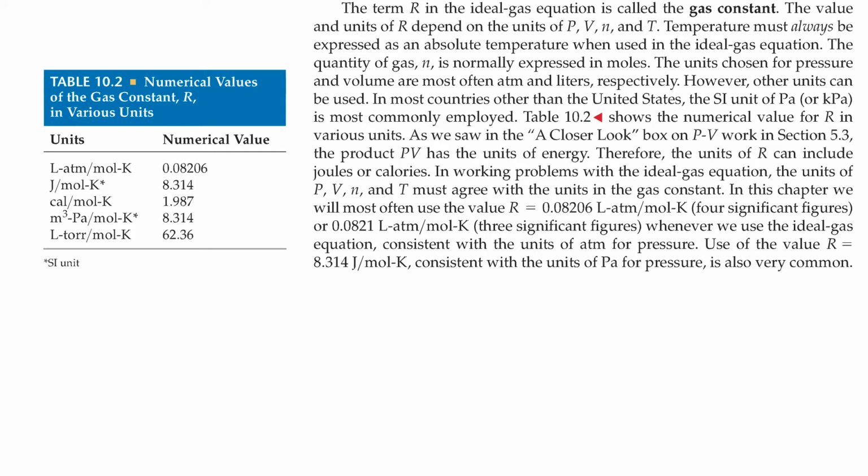In this chapter, we will most often use the value of R equals 0.08206 liter-atmospheres per mole-Kelvin, four significant figures, or 0.0821 liter-atmospheres per mole-Kelvin, three significant figures, whenever we use the ideal gas equation, consistent with the units of atmosphere for the pressure. Use of R equals 8.314 joules per mole-Kelvin is consistent with the units of pascal for pressure and is also very common.